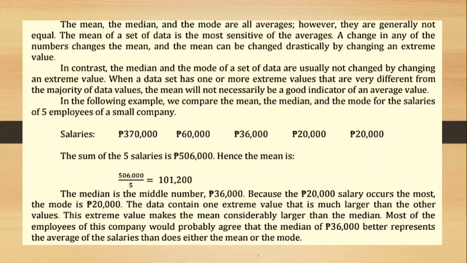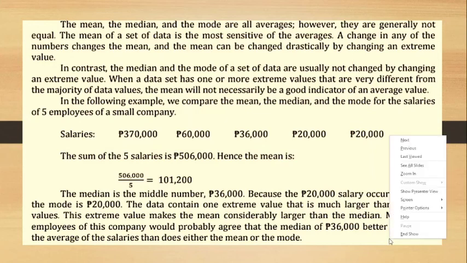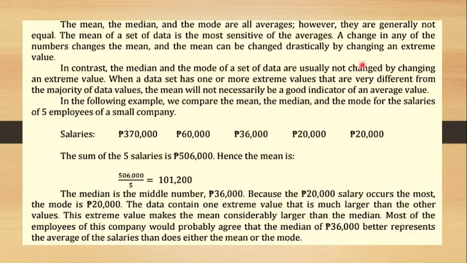So, sensitive yung mean. A change in any of the numbers changes the mean, and the mean can be changed drastically by changing an extreme value. In contrast, the median and the mode of a set of data are usually not changed by changing an extreme value.